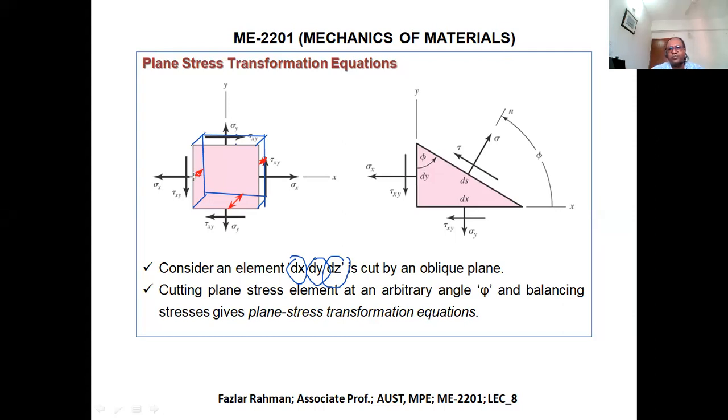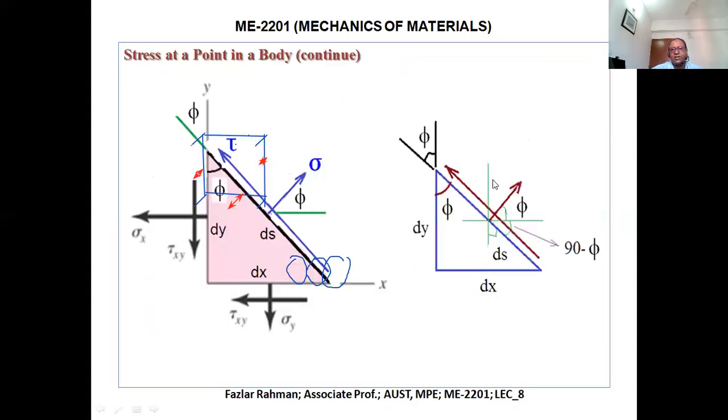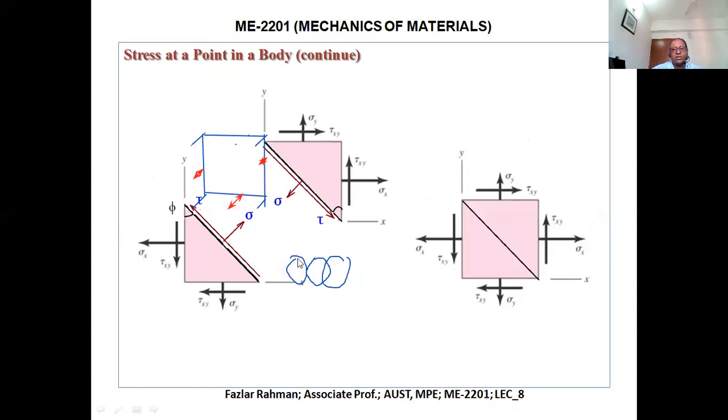Now, say I would like to make a force balance on the right side triangle. I cut it diagonally, and you see this force, this sigma is the same, only the magnitude is opposite. This tau is the same. So you can work with any triangle.